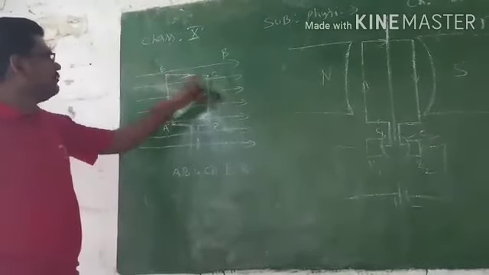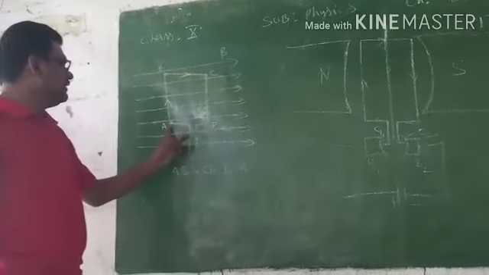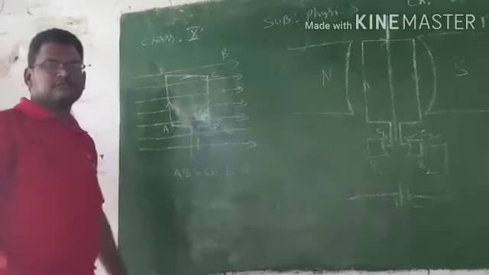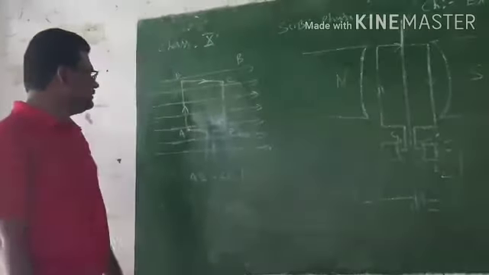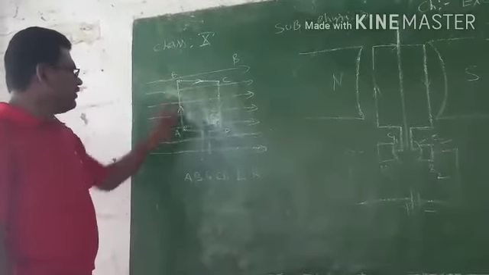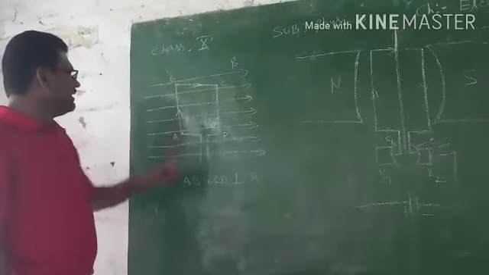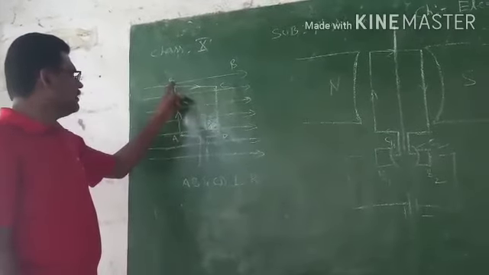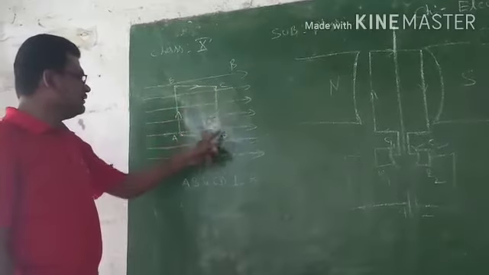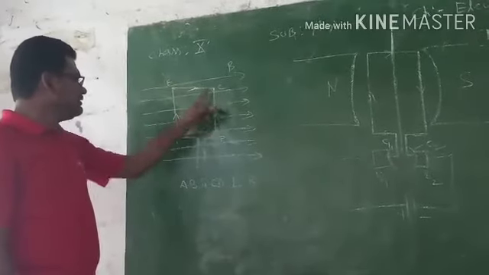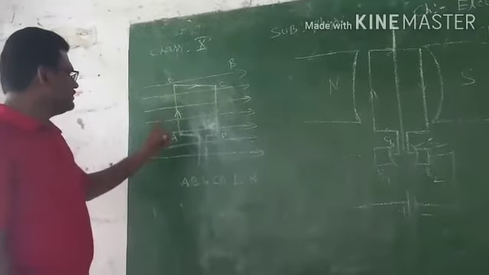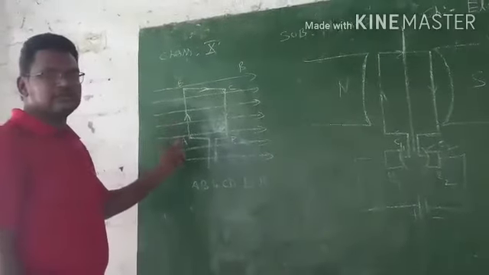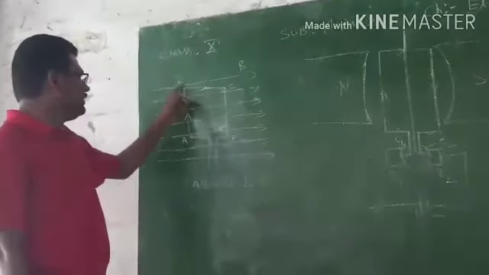And BC and DA are making some angle with the magnetic field. Now let's see in what direction the magnetic force acts on AB and on CD and on BC and on DA.